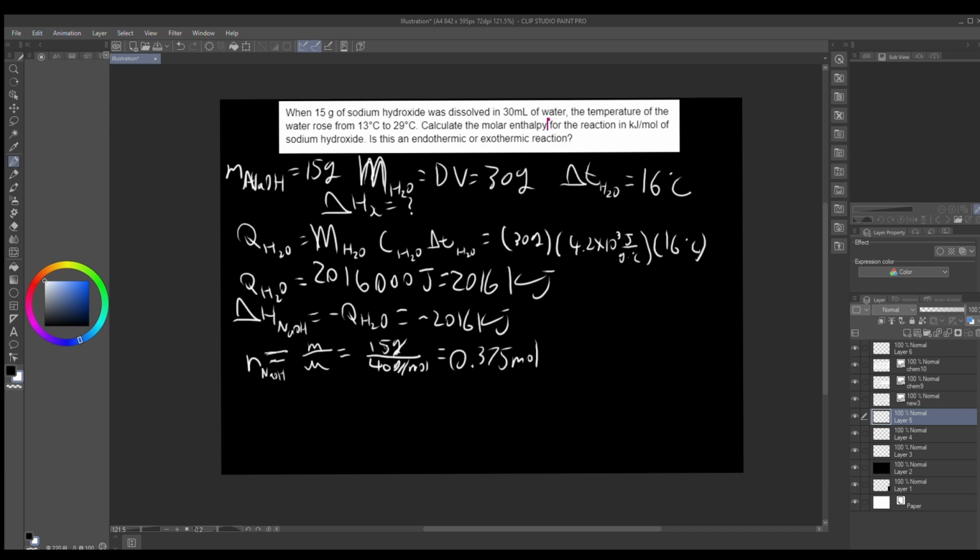And so now that we know the enthalpy change and the mole, we could solve for the molar enthalpy, which is the enthalpy change divided by the mole. So negative 2016 kilojoules divided by 0.375 mole, and then you end up getting negative 16 divided by 0.375, so 5,376, but then remember to round to the nearest sig fig.